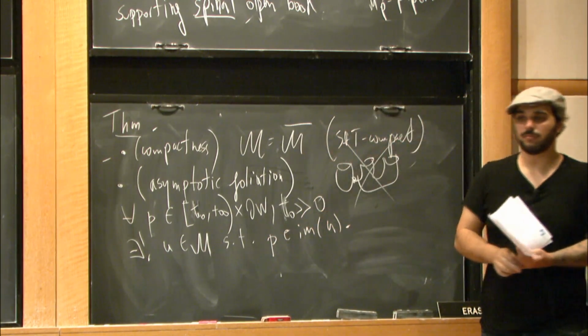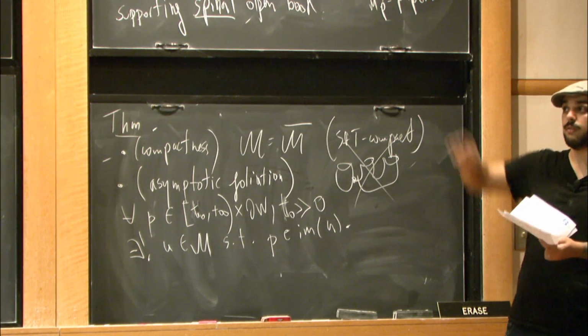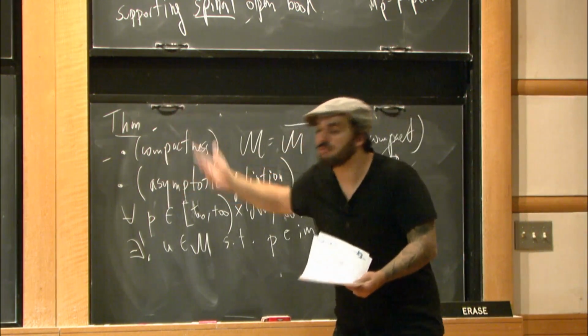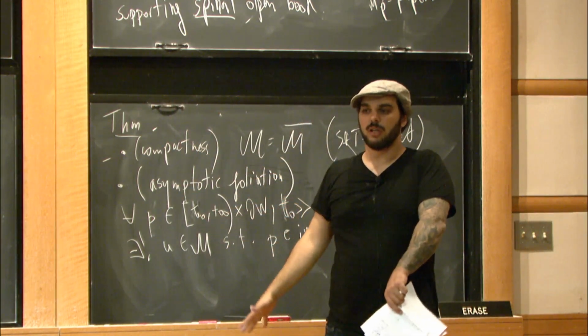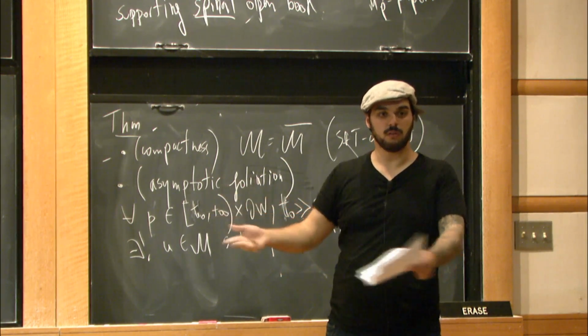Okay. So for each point I have a curve that goes through it, and it's in fact unique if I look sufficiently far away, which does not necessarily happen in the interior, because positivity of intersections is gone. Okay.